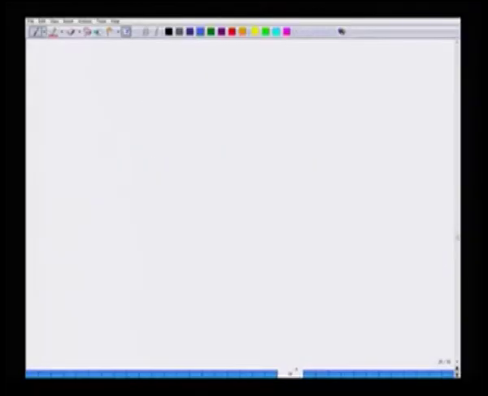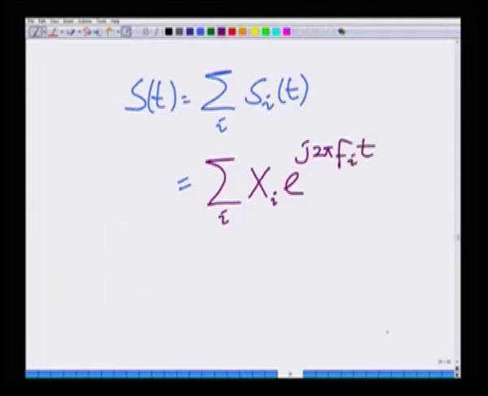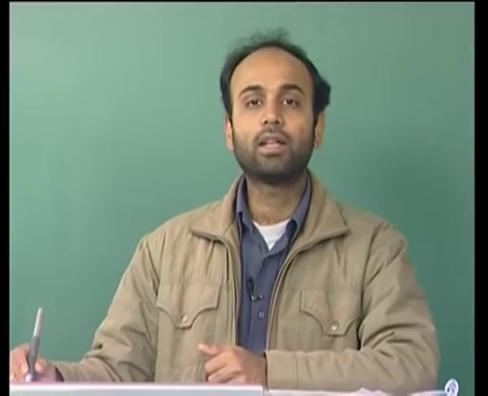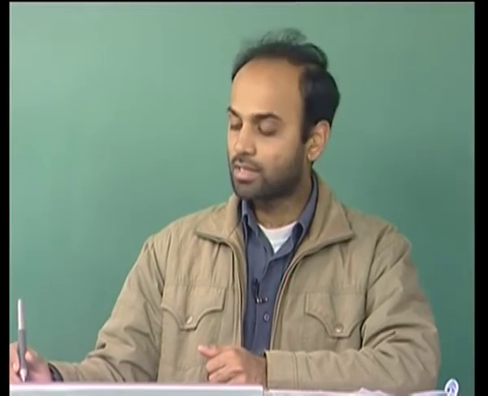In fact, I can represent this as s(t) equal to the summation over i of s_i(t), which, if I expand this out, is x_i e to the power of j 2 pi f_i t, where x_i is the data, that is the ith data stream, and f_i is the subcarrier corresponding to the ith sub band.